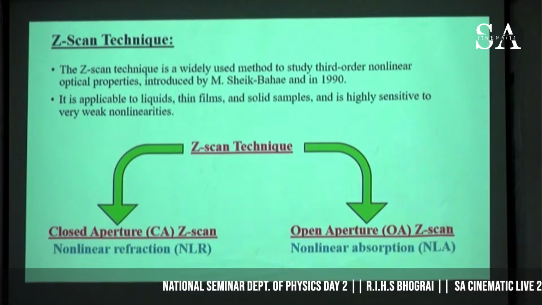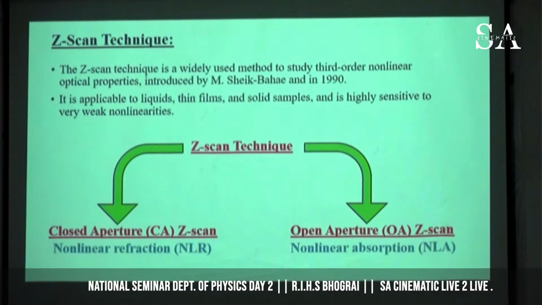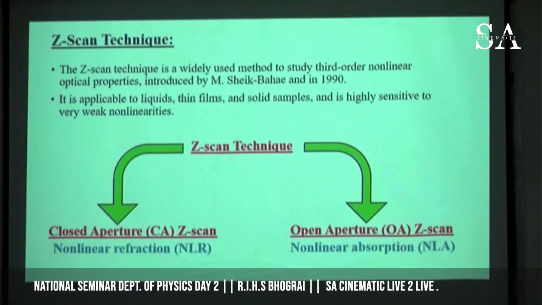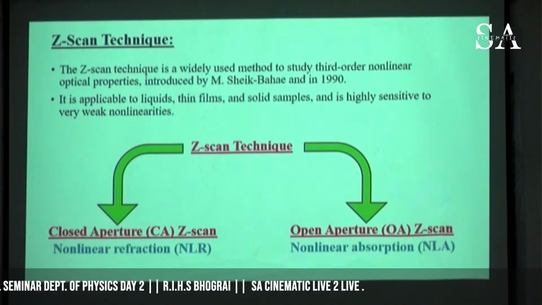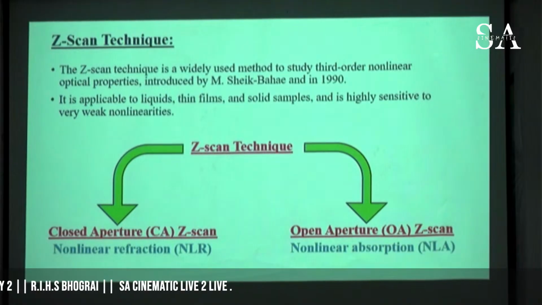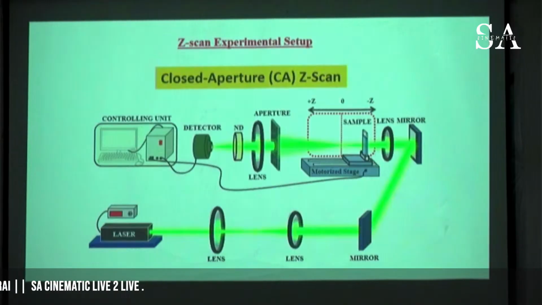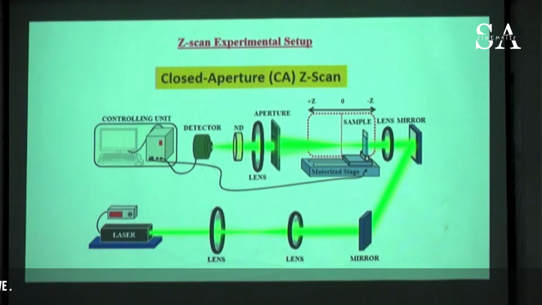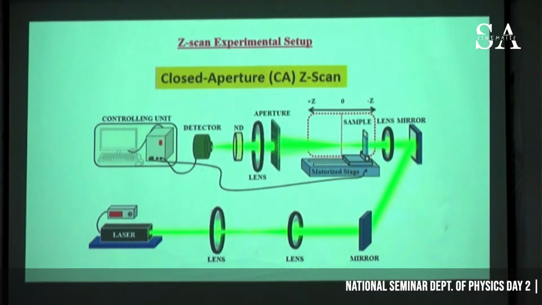There are two types of studies here. One is closed aperture, where we discuss nonlinear refraction, and in open aperture, we discuss nonlinear absorption. This is the closed aperture Z-scan technique, where the aperture is used to measure the center of proximity, which is responsible for the nonlinear refraction.